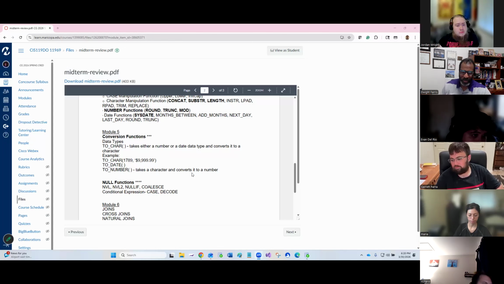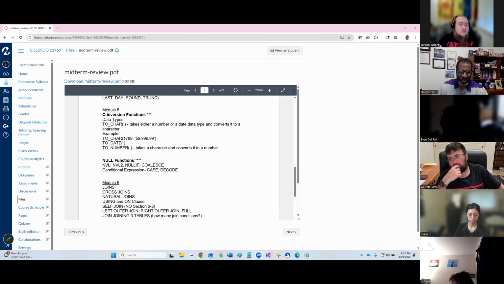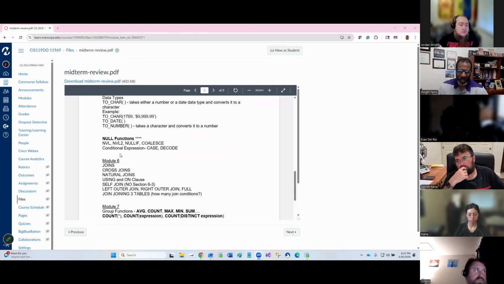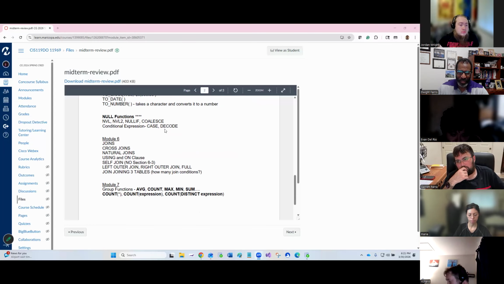And then Module 5 was the conversion functions, data types, to_char, for example, representing monetary values, etc. Those conversion functions, pay attention to those. Null functions, NVL, NVL2, nullif, coalesce, conditional expressions, case, and decode. Once again, I did not go over that too much, but it is in the videos, etc.